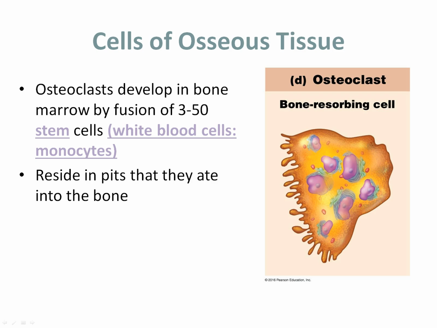This is a fairly large white blood cell, and they fuse together to form these large osteoclasts. Once these osteoclasts are formed, they use their ruffled border, which is this border right here, to eat pits into the bone. They basically make themselves a little home. They burrow into the bone, and then they can reabsorb bone as needed.